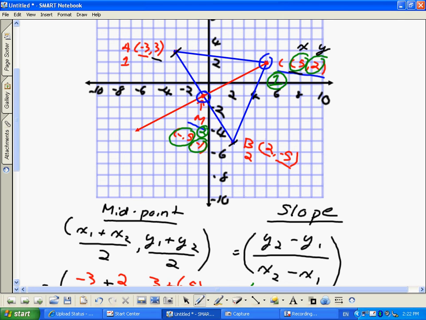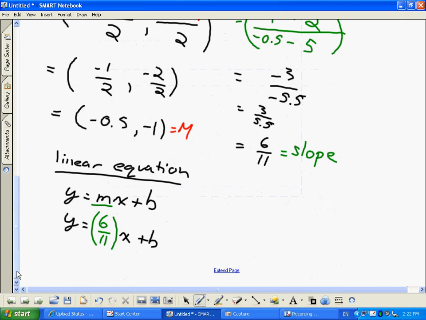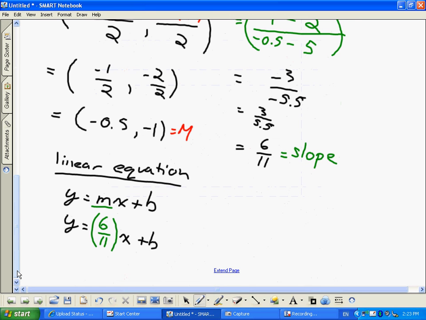So x will be 5, and y will be 2. So when we go down here to our equation again, y is 2, 6 over 11, and our x was 5. And now I can solve for b.